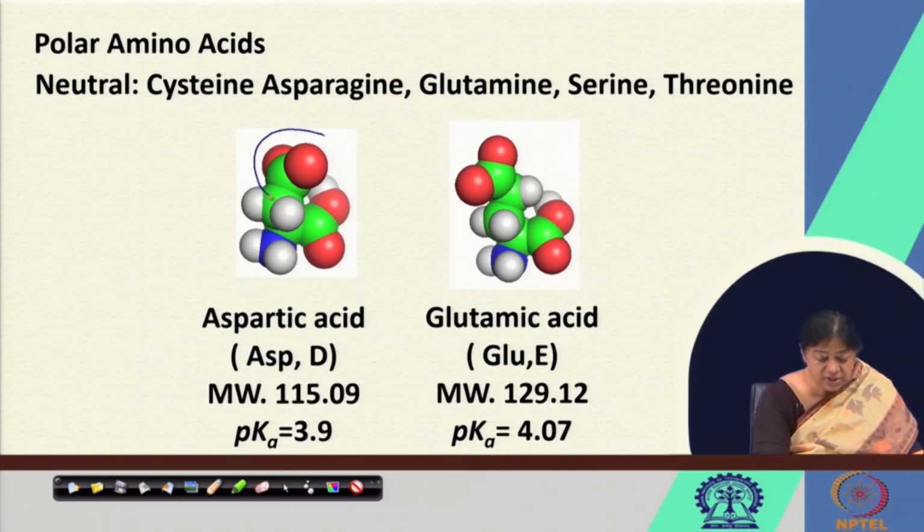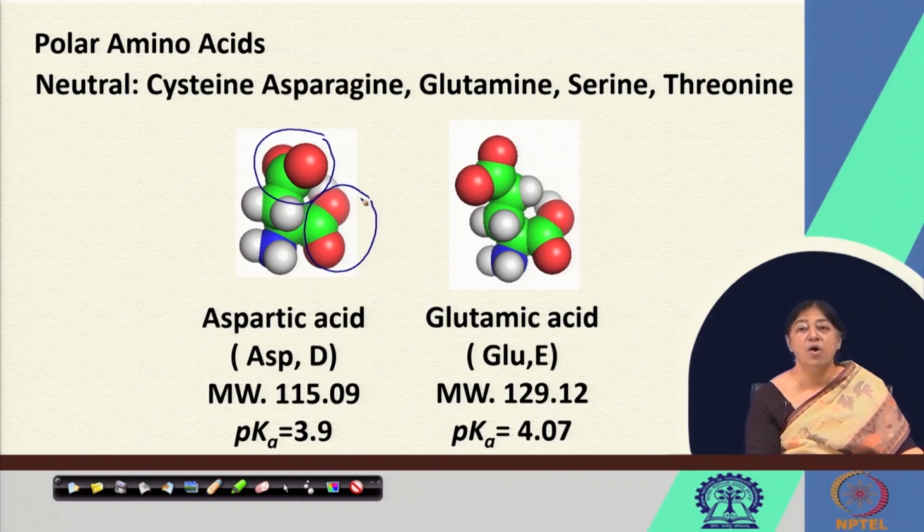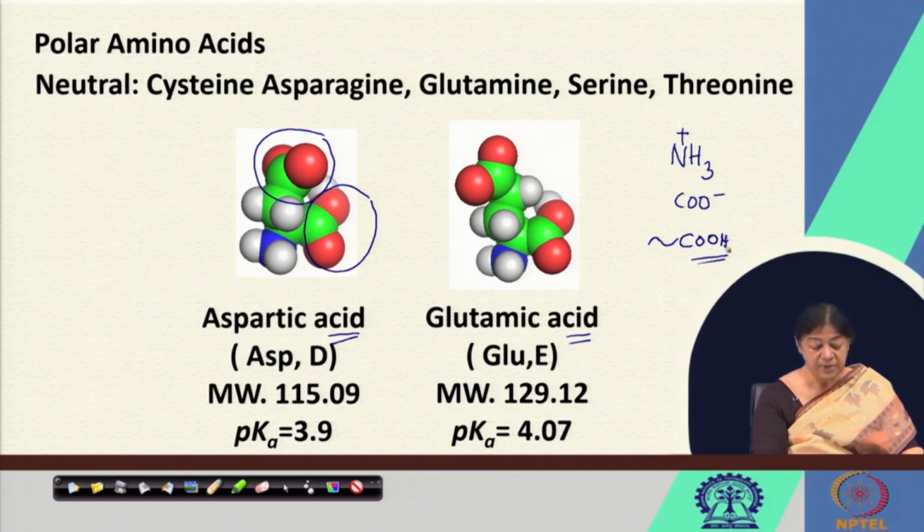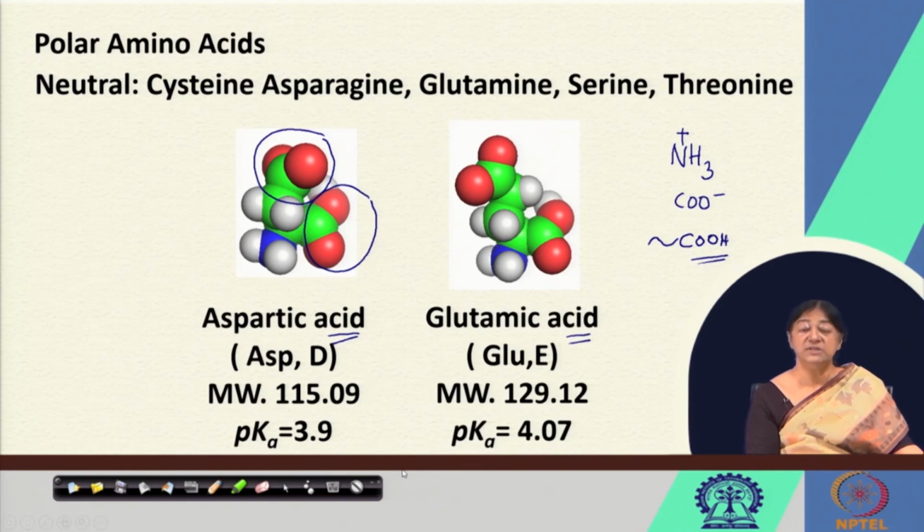We see a larger number of red atoms, meaning a larger number of oxygen atoms, simply because these are acidic amino acids, which means that apart from the NH3 plus group that every amino acid has, and the COO minus group that every amino acid has, this has, in addition, a side chain that is also acidic. Now, when we look at this particular set, we have to understand that this plays an important part.